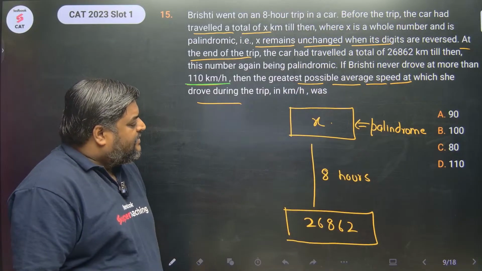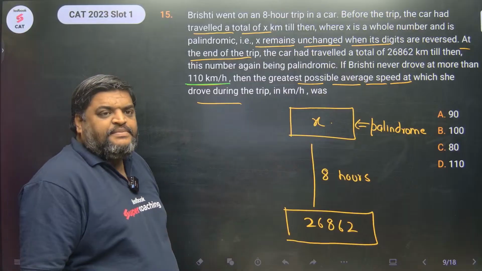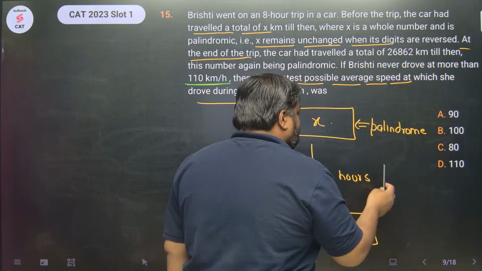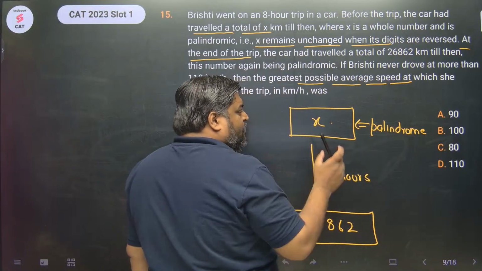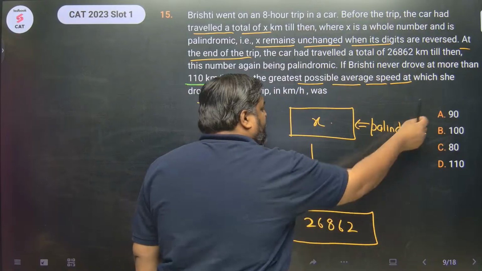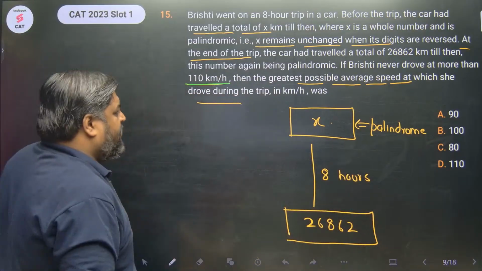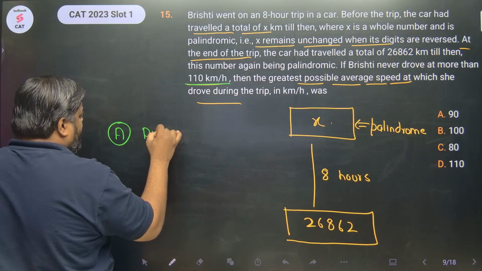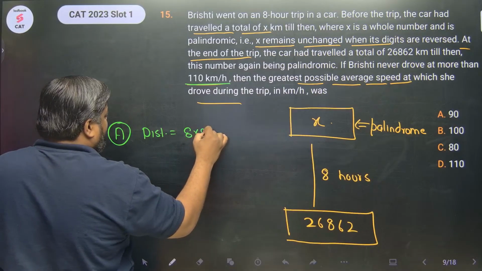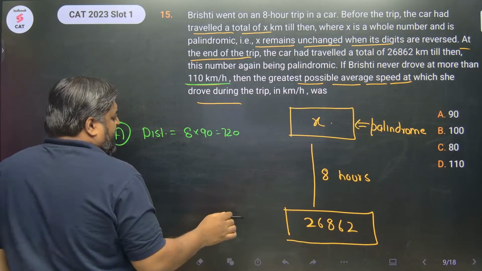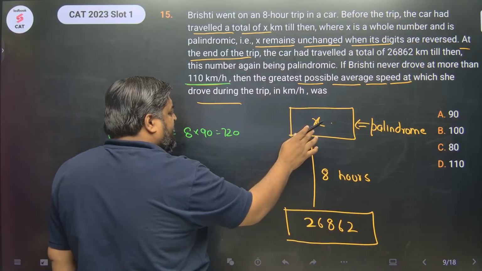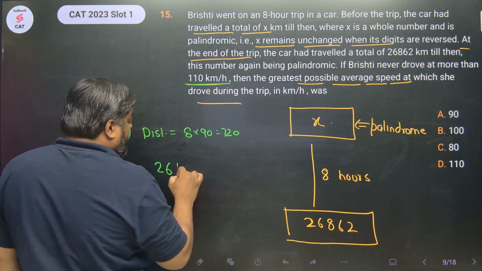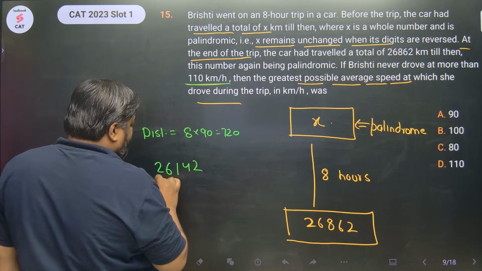ओके, अब इसको बाई ऑप्शंस अगर करने गए, अगर A आंसर है, if you say that the average speed of the trip was 90 km per hour, तो ट्रिप में डिस्टेंस कितना कवर किया होगा बेटा? 8 into 90, 720. तो अगर 720 इसमें से माइनस करेंगे तो we have to see if this is a palindrome. इसमें से 720 माइनस करने पे you get 26142, which definitely is not a palindrome.